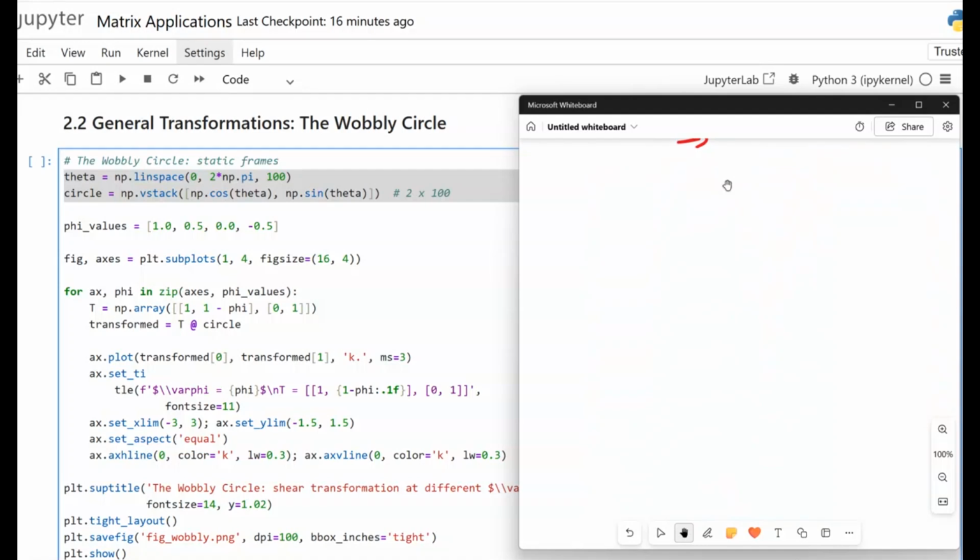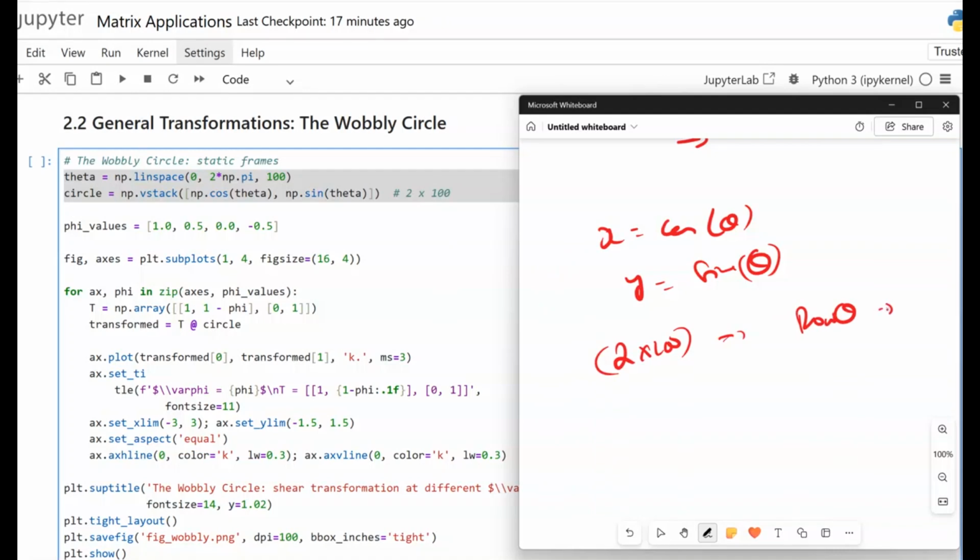Kindly observe the parametric representation: x is equal to cos theta, and y is sine theta. The circle has the shape of 2 by 100, where row 0 is the x coordinate and row 1 is the y coordinate.